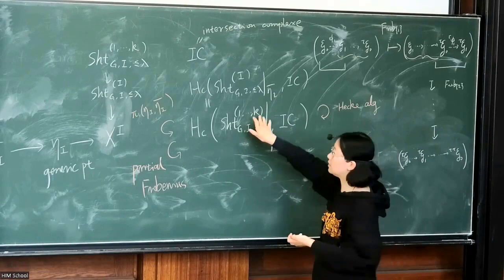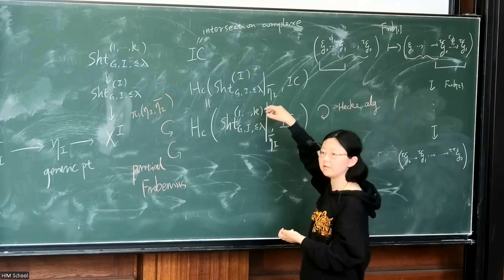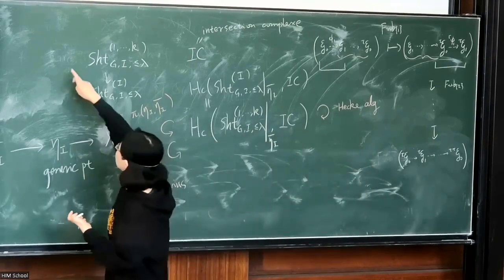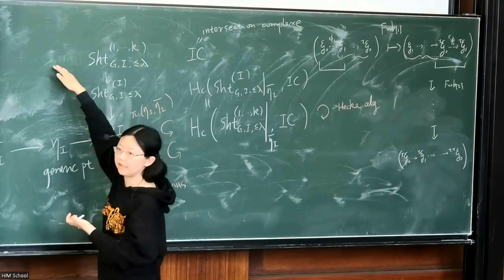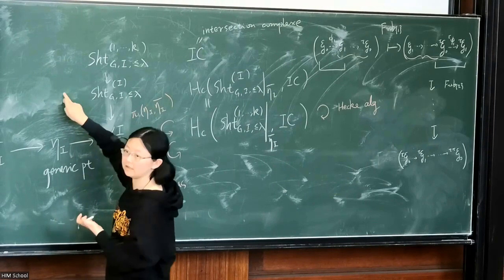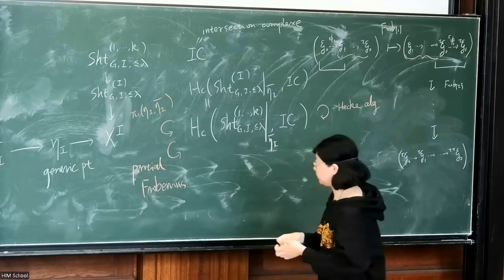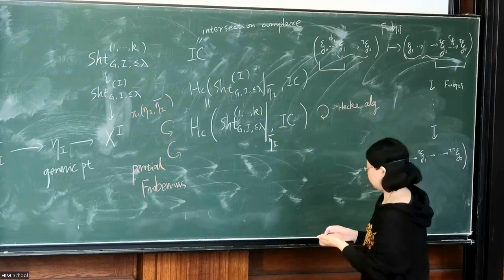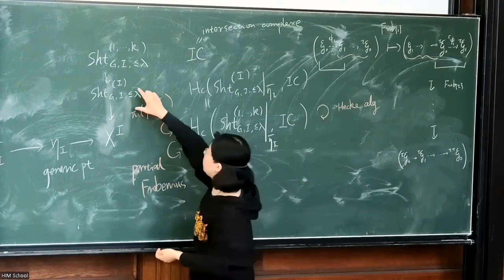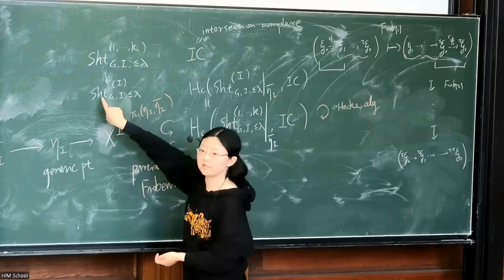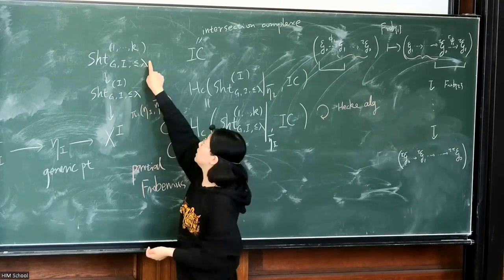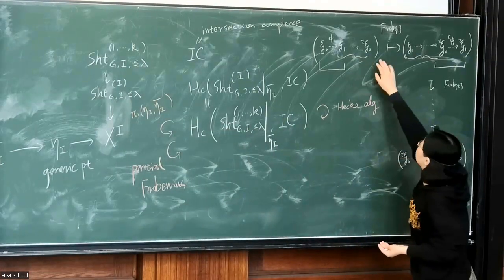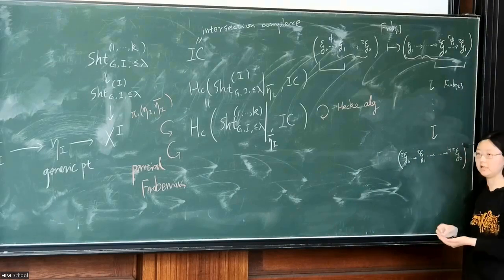The cohomology didn't depend on the intermediate modification or not, because the direct image of your IC sheaf here is the IC sheaf of this one. And we have a more precise formula to state this. It's enough to define cohomology using this space. We introduce this to define partial Frobenius, because you can only define partial Frobenius with these intermediate modifications.